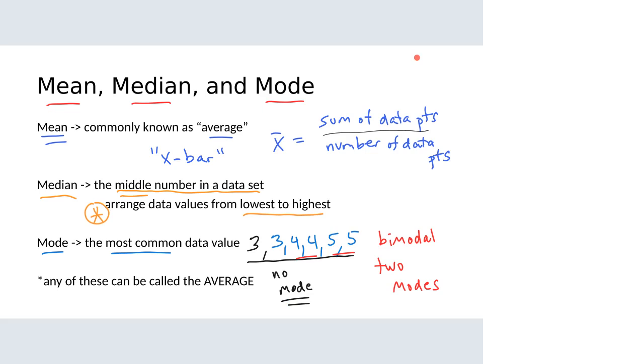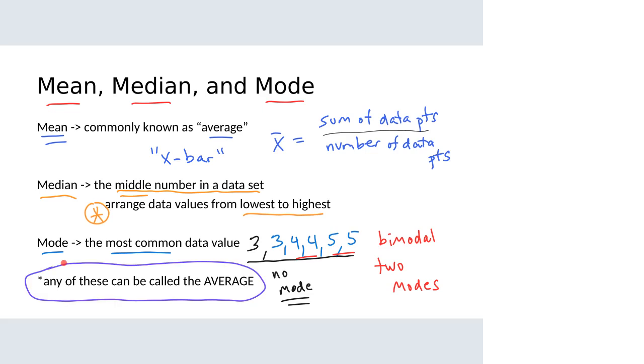Last thing I want to mention here, and this is really important, is this. It kind of leans back into what we saw at the end of last week with the idea that you can use data to share your point of view. Technically, when we're talking about statistics, any one of these can be called the average.